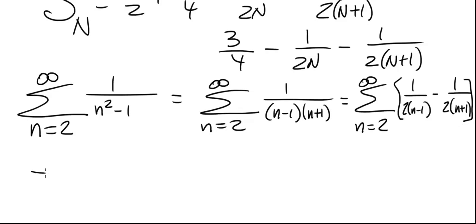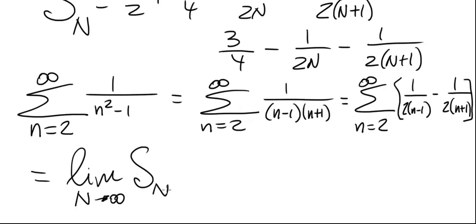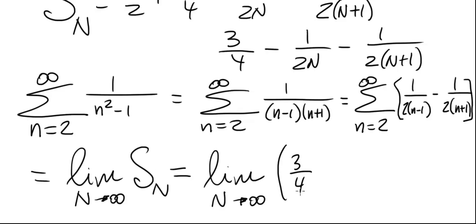And this is equal to the limit as big N goes to infinity of the sequence of nth partial sums Sn. And we have a formula for that. So this is the limit as big N goes to infinity of 3 over 4 minus 1 over 2n minus 1 divided by 2 times n plus 1.